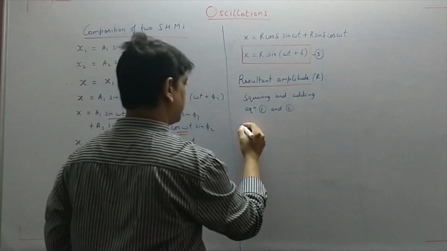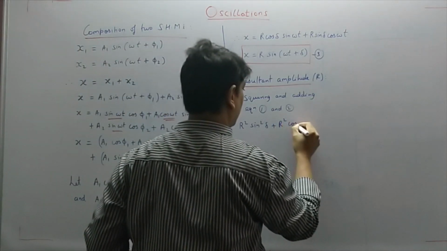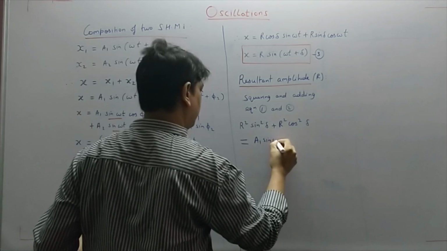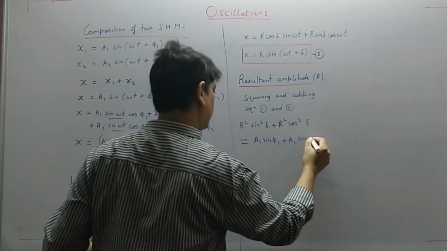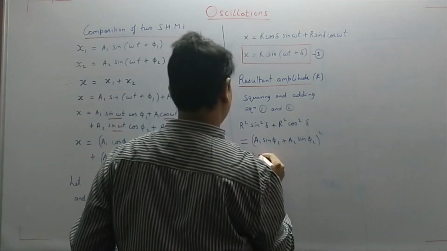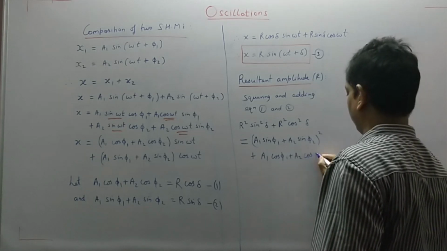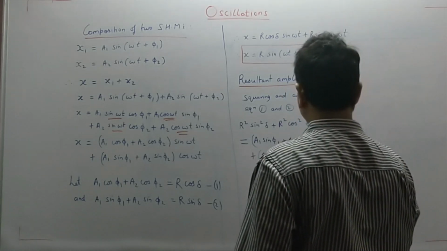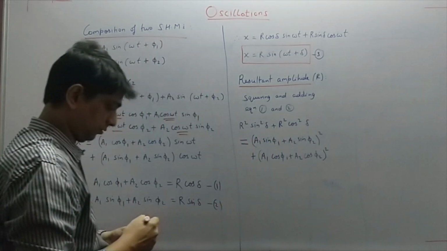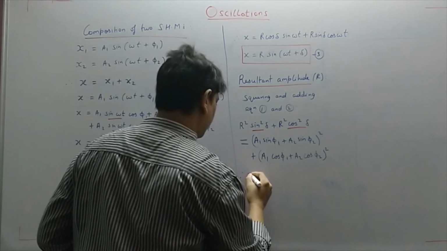Here squaring and adding, right hand side is r square sin square delta plus r square cos square delta, is equal to, left hand side we are having, squaring this, a1 sin of phi 1 plus a2 sin of phi 2 whole square plus a1 cos of phi 1 plus a2 cos of phi 2 the whole square, that is equal to r square, sin square delta plus cos square delta will give you 1. So r square is common, therefore we are having r square.